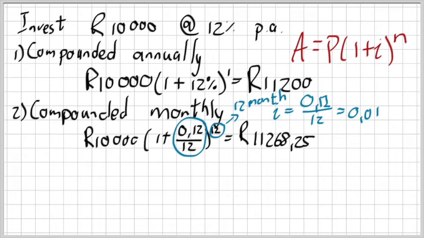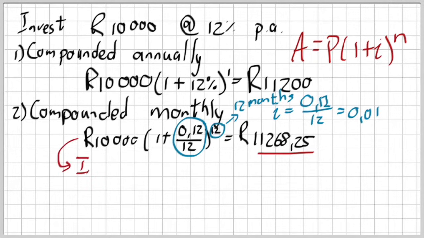Okay? I hope that you understand what I'm doing, because this means 1% growth in a month, then it grows the next month by another percent, growing the next month with another percent, and in the end you end up with 11,268 Rand and 25 cents.